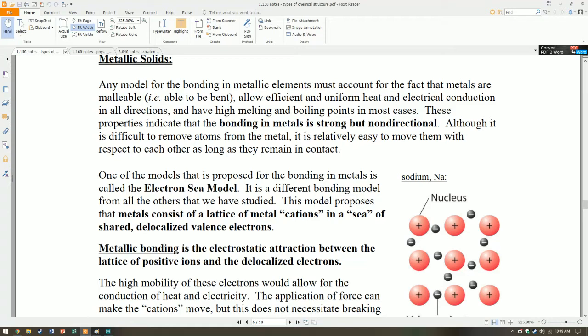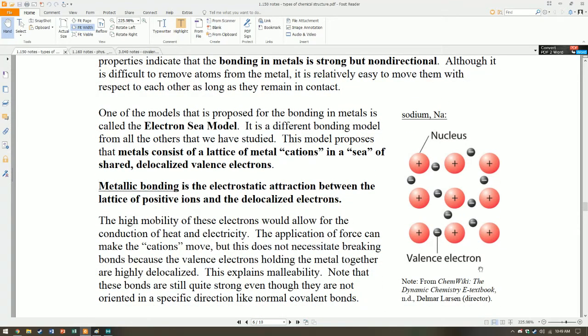The lattice of cations is attracted to the sea of delocalized valence electrons, which is how I would describe it. So you can see here how it works. The crystal lattice is fixed, however the electrons just move around all over.